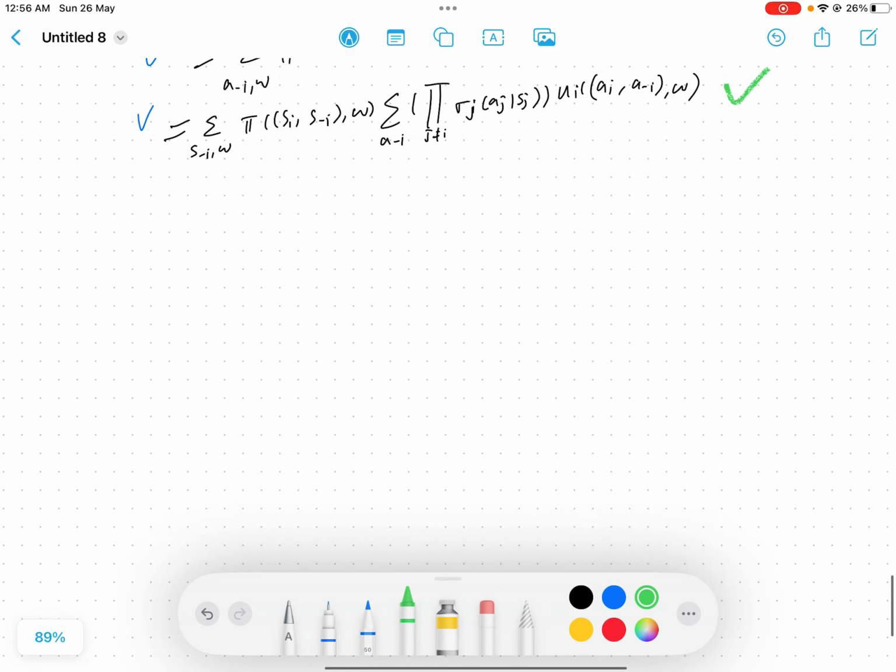Altogether we can write this explicitly, so why not, we just do it again.